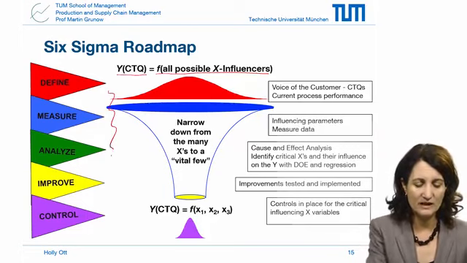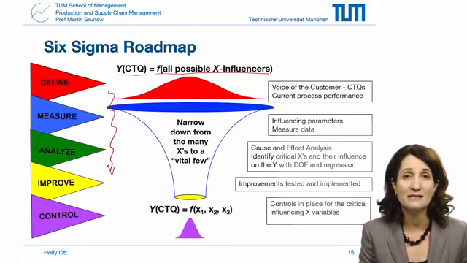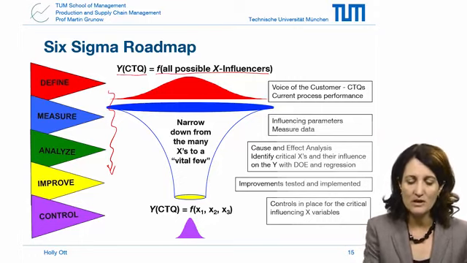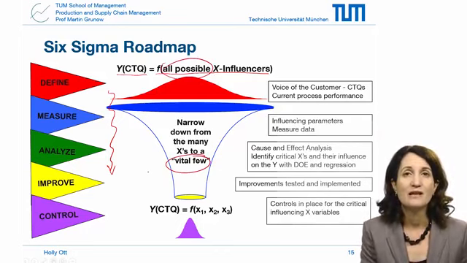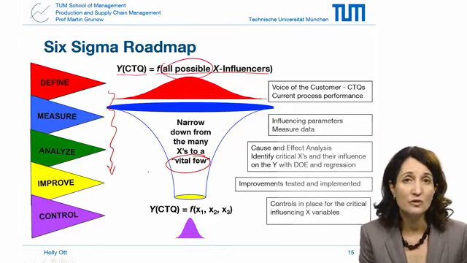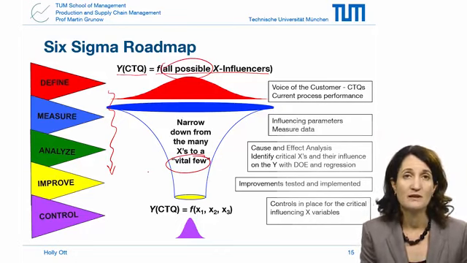As we move down our DMAIC cycle, what we want to do is to narrow down all possible X influencers to the vital few, the critical few that have the main impact.